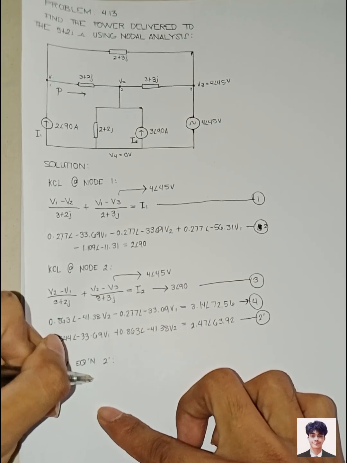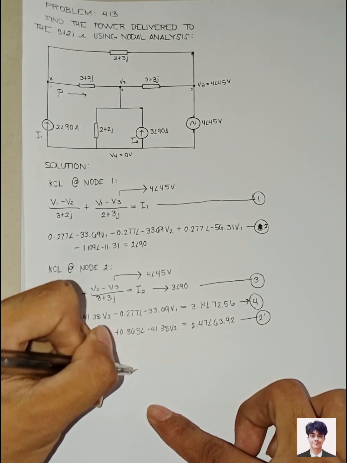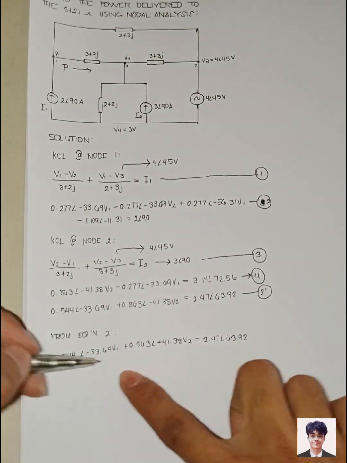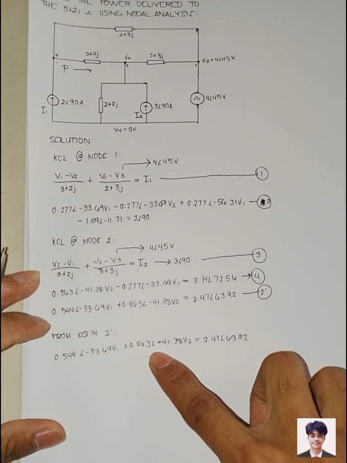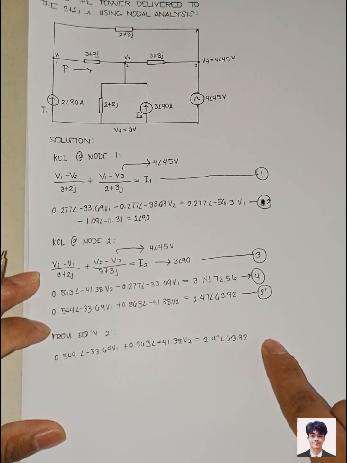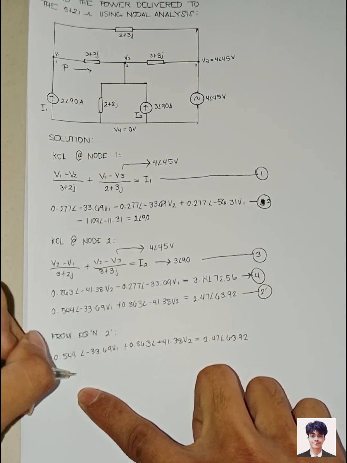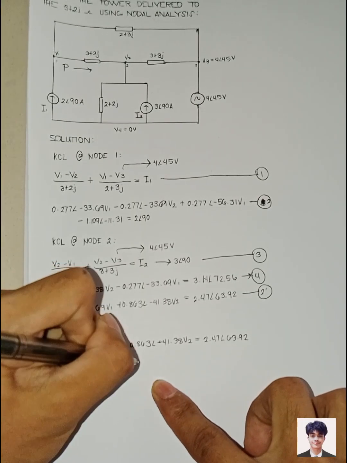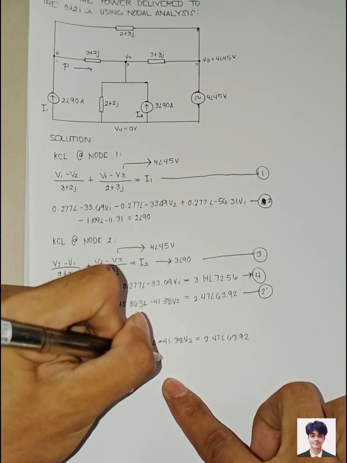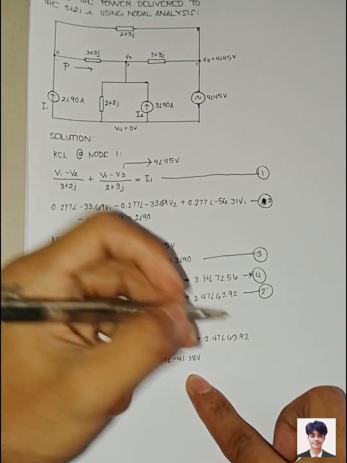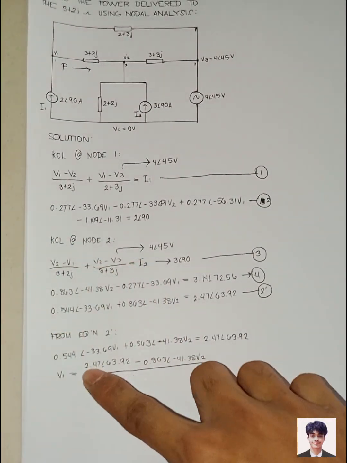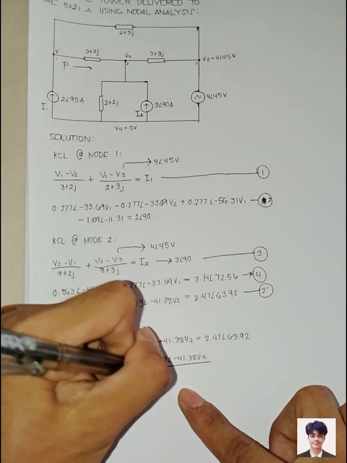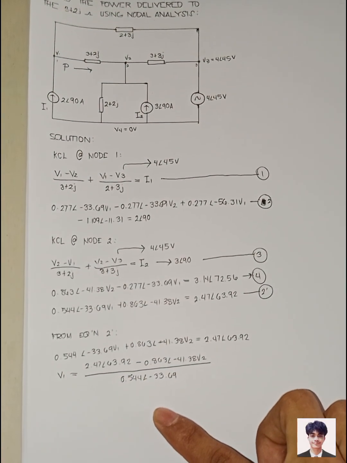We transpose the V2 term to the other side, and V1 is equal to 2.47 angle of 63.92 minus 0.863 angle of negative 41.38 V2, divided by 0.544 angle of negative 33.69.